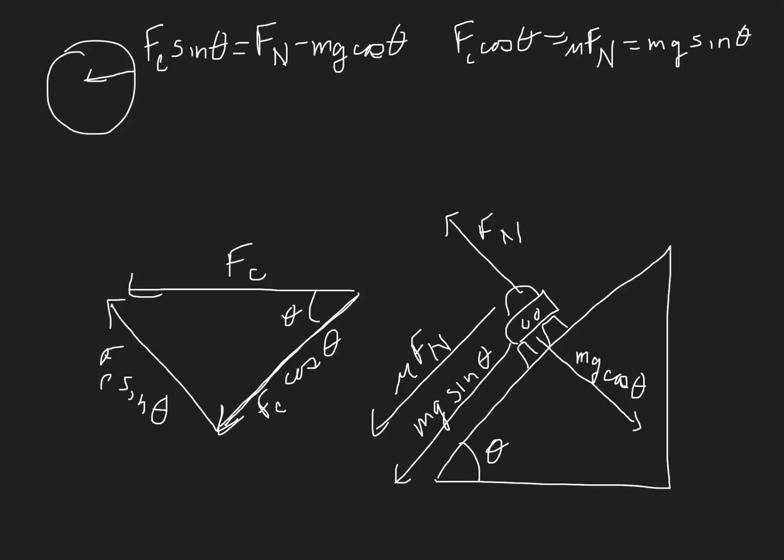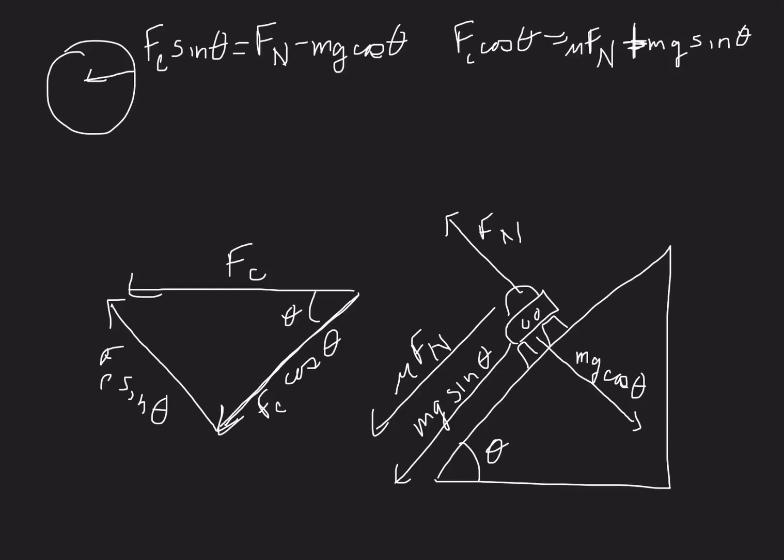Okay, so we're trying to get an equation for everything here. The thing we don't really know in this is Fn, and Fn is in both. It's over here, and it's right in here. So we're going to solve this one over here for Fn, and then put it in for this one right here. I notice I have a mistake here. Fc cosine theta is mu Fn plus mg sine of theta. That shouldn't be an equal sign.